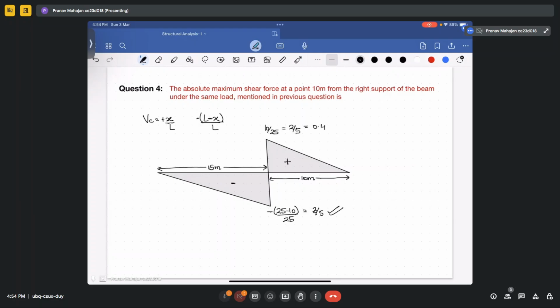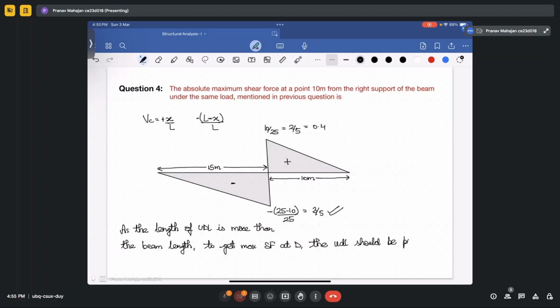As the length of the UDL is more than the beam length, to get the maximum shear force at D, the UDL should be placed over AD.